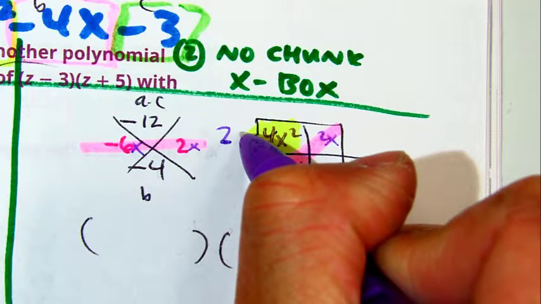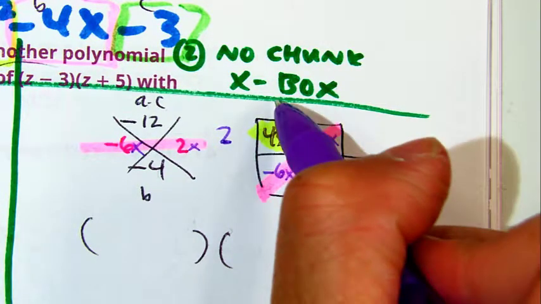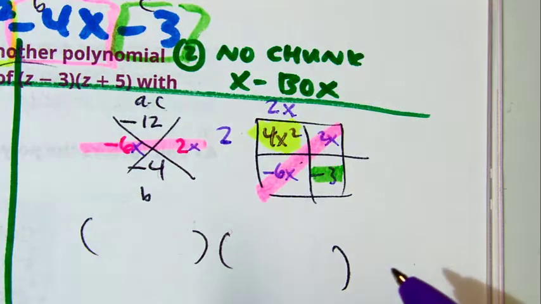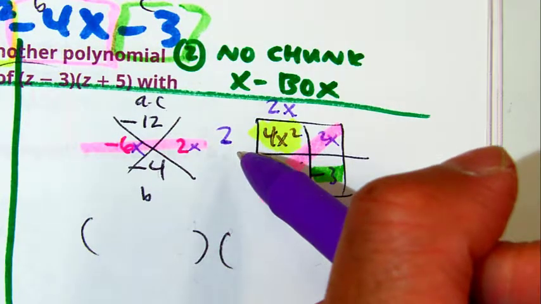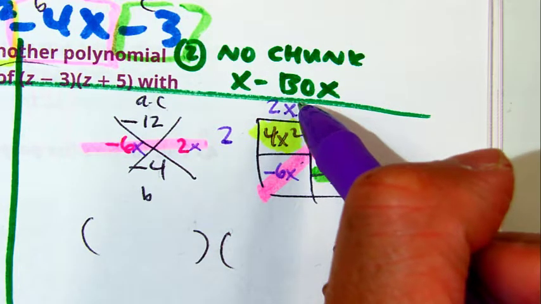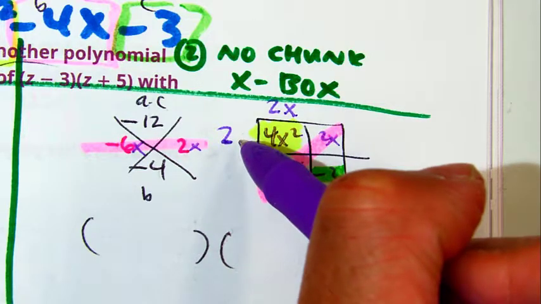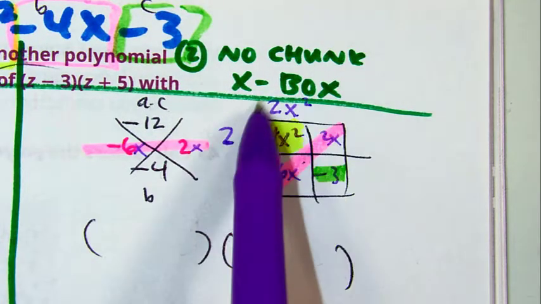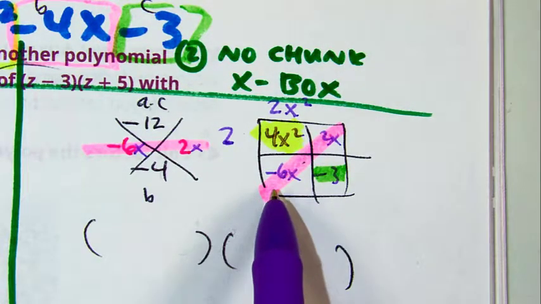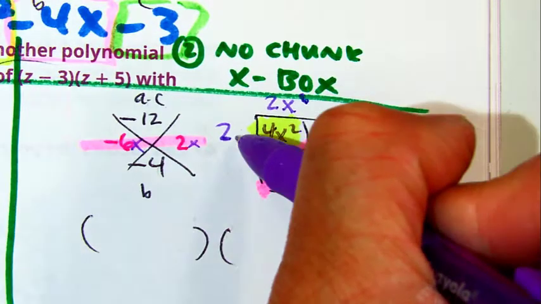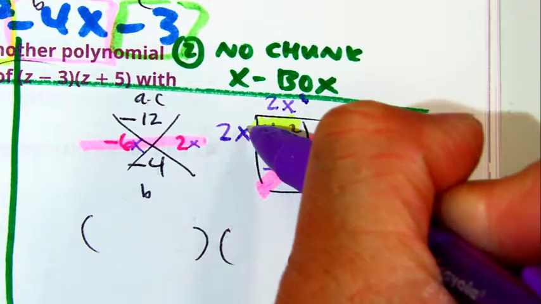Sade, help us figure out what goes on the outside of the box. You said 2x squared? On the top, 2x? And over here? Okay, so you're thinking if you put, what did you want to write there? Sorry. 2. Okay, so if you put 2x squared here, that means 2x squared times something only equals negative 6x. Do you see that? So that means that you can't have a squared here. This one has to be an x. Does that make sense? Sade, can you continue?